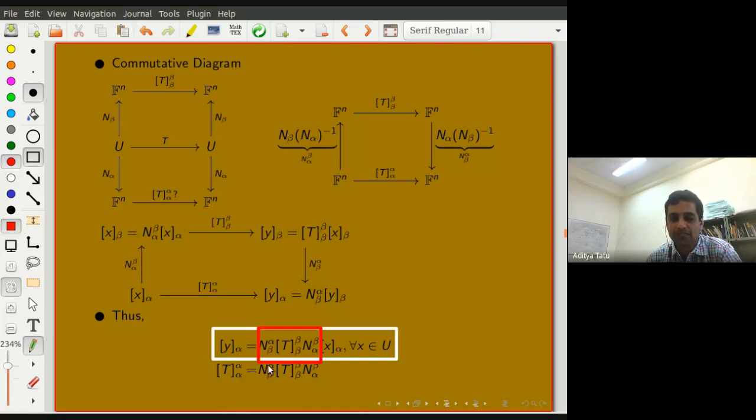And this must be a matrix. So this, as you can see, is a matrix that takes representations of x in alpha and gives representation of y in alpha. Therefore, this matrix has to be the representation of T in alpha, where the domain and codomain both have a basis alpha. Does that make sense?